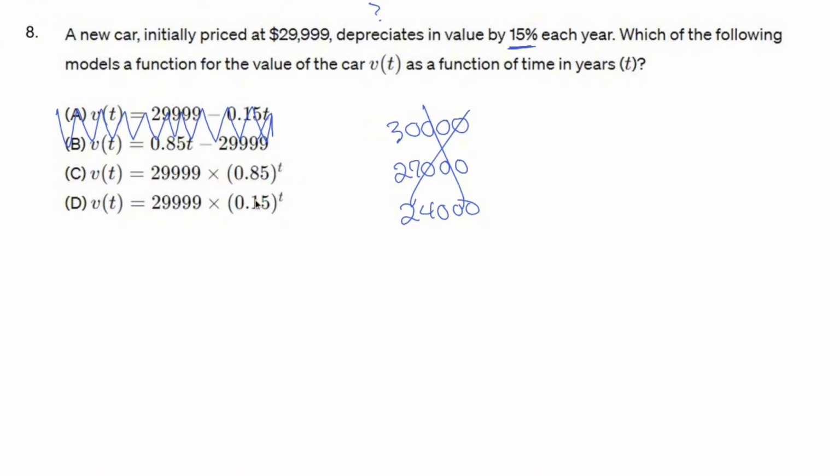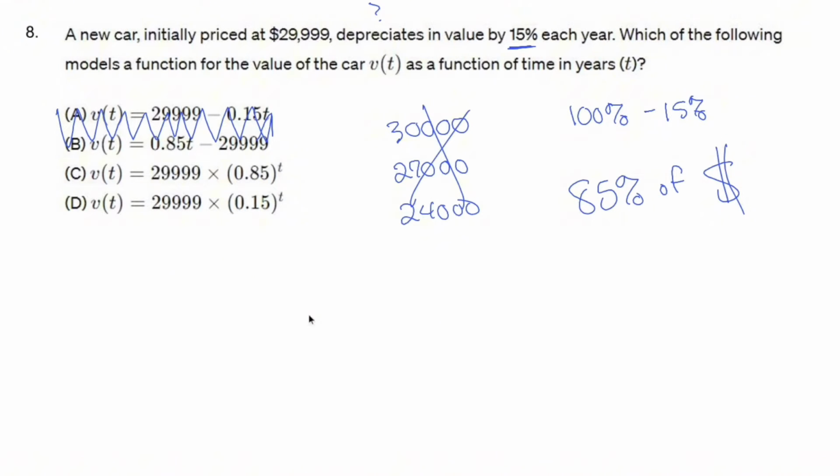Now, if you're tempted to say, okay, we'll just multiply it by 0.15 because 15% is 0.15. No. If something loses its value by 15%, what you're doing is taking 100%, subtracting 15%, and you're now taking 85% of that price.